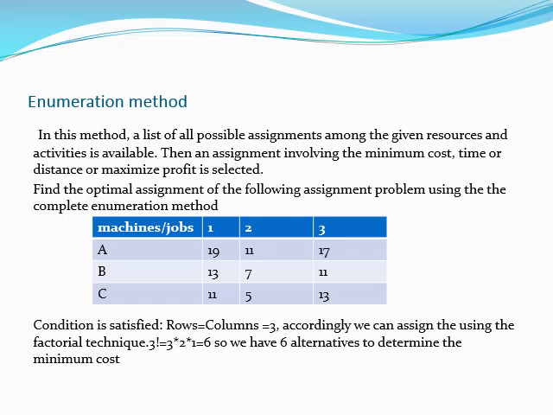Assume that the number of rows equals the number of columns equals 5. Then we are going to find factorial 5, which is 5 times 4 times 3 times 2 times 1, 120 alternatives, which is so difficult.